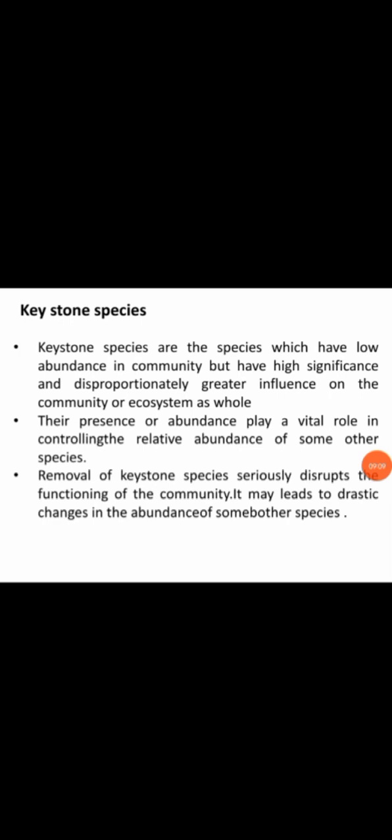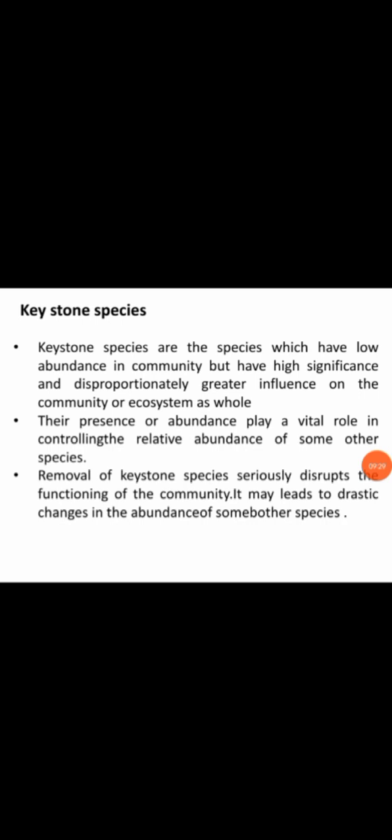Next topic is keystone species. Keystone species are the species which have low abundance in a community but have high significance and a disproportionately greater influence on the community or ecosystem as a whole.